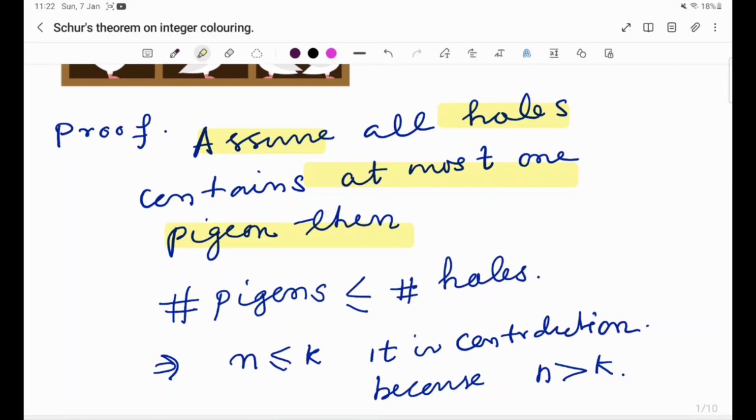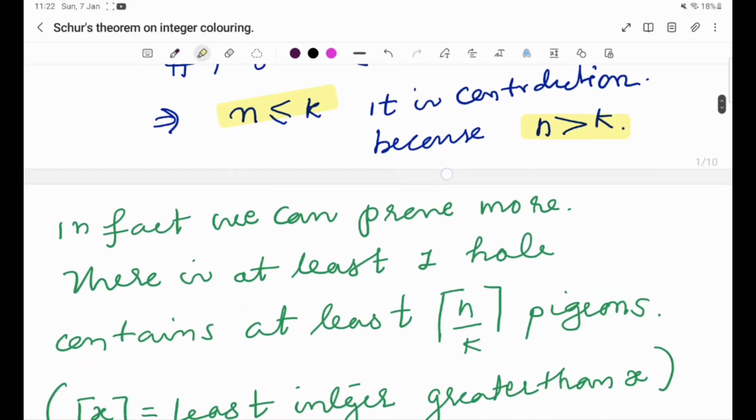That means n ≤ k, but we already assumed that n > k. So that's the contradiction. That's easy to prove that claim.